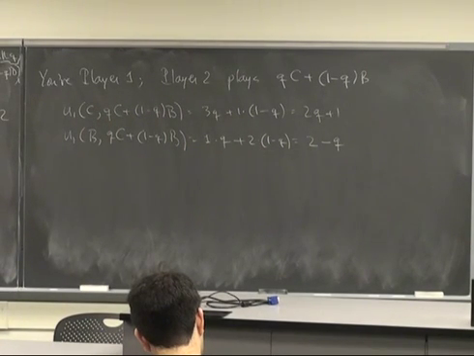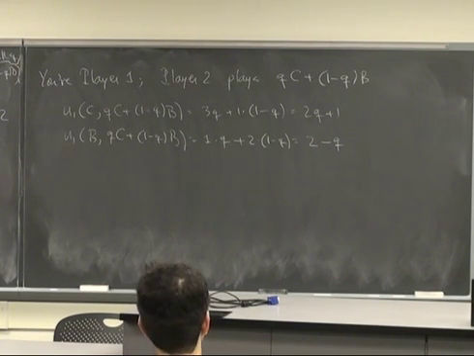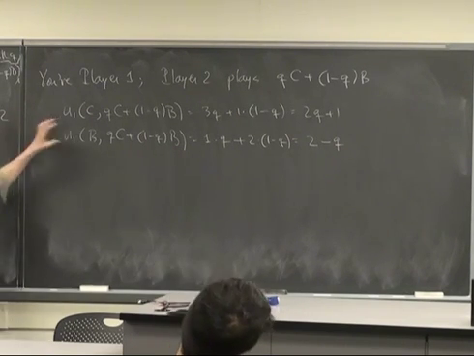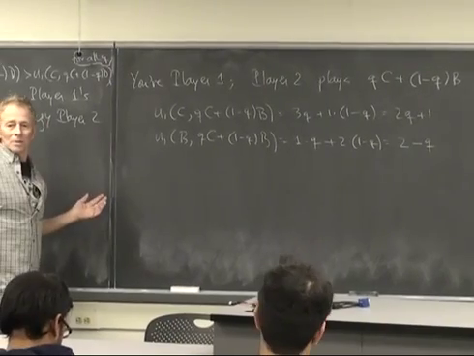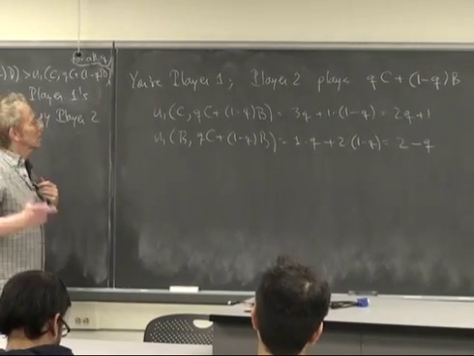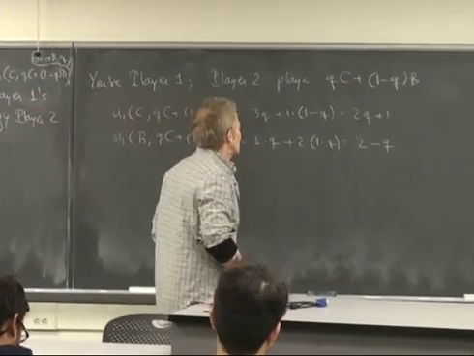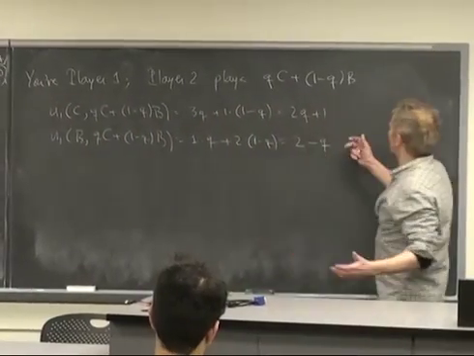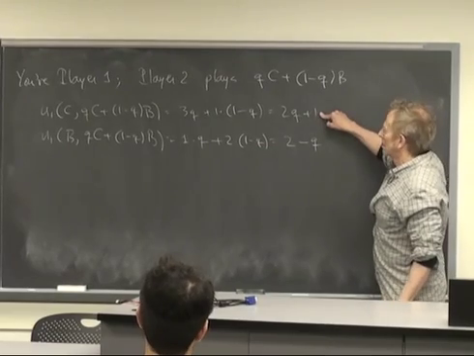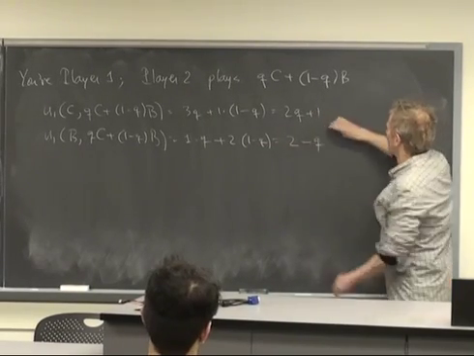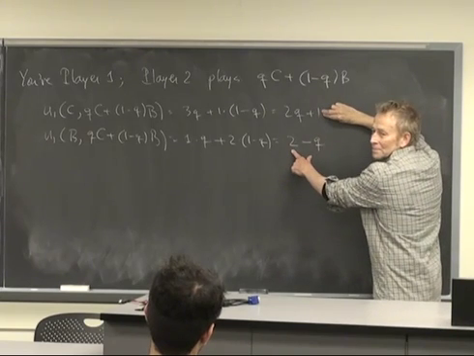All right. Now things are a little more complicated here than they were in the prisoner's dilemma, because in this case, what's going to be a best reply for you, player 1, is going to depend on the value of Q, right? If Q equals 0, for example, it's better for me to play B because I'm comparing 1 to 2.